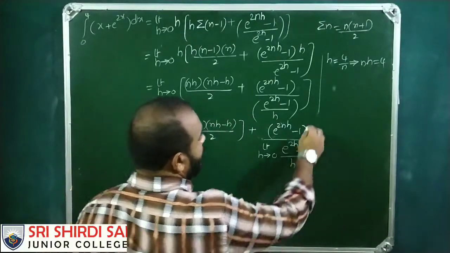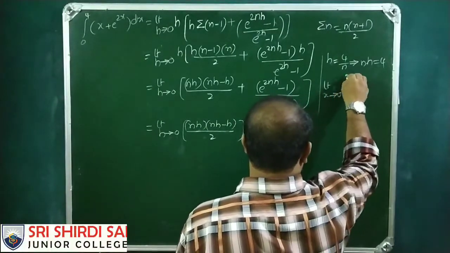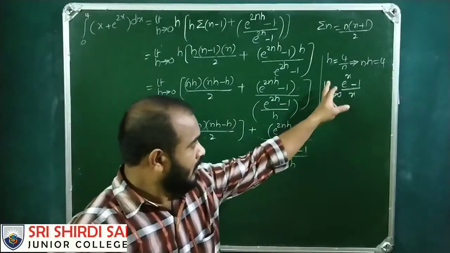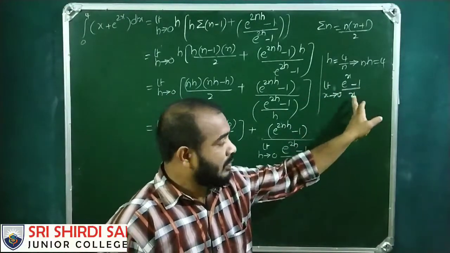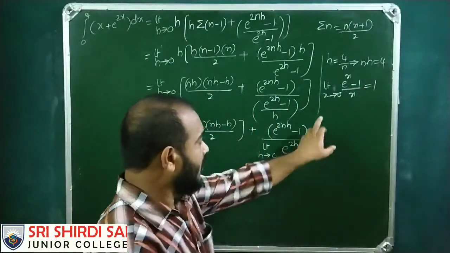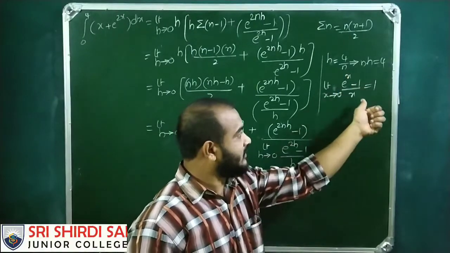Here we have the formula: the limit as x tends to 0 of (e^x - 1)/x equals 1. That means the same x must be maintained everywhere.